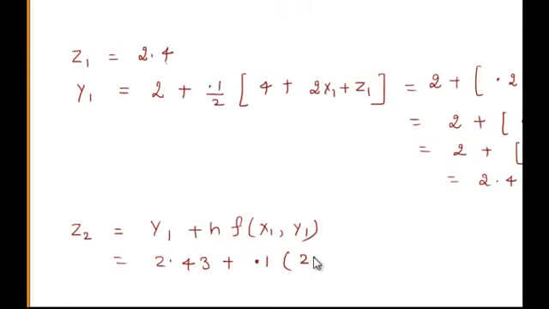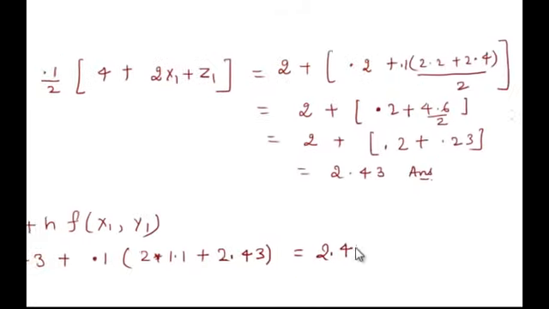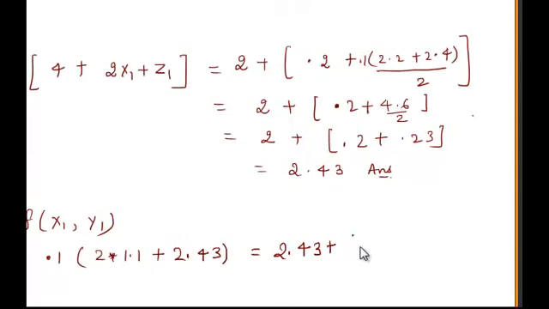So 2 times 1.1 plus y1 is 2.43. So this gives 2.2 plus 2.43, multiplied with 0.1.